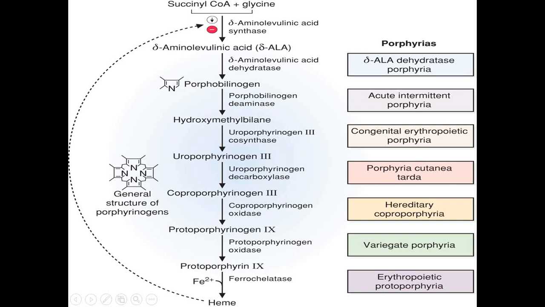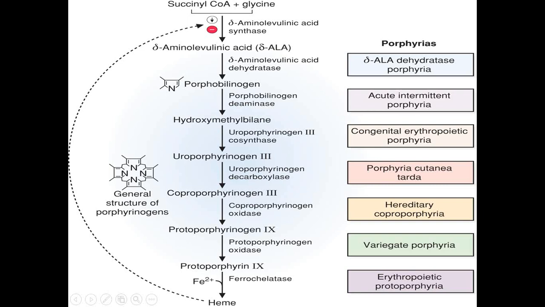From here on, porphobilinogen is formed, then hydroxymethylbilane, then uroporphyrinogen 3, then coproporphyrinogen 3, then protoporphyrinogen 9, and protoporphyrin 9, and then once iron is incorporated by the enzyme ferrochelatase, heme is synthesized.